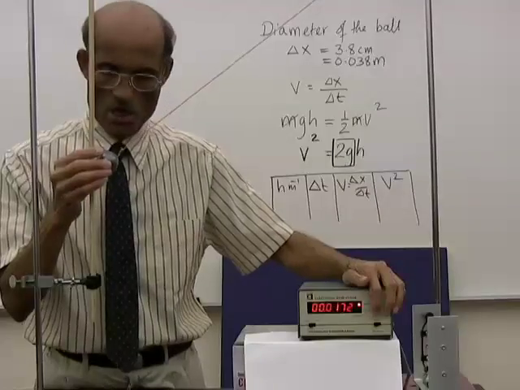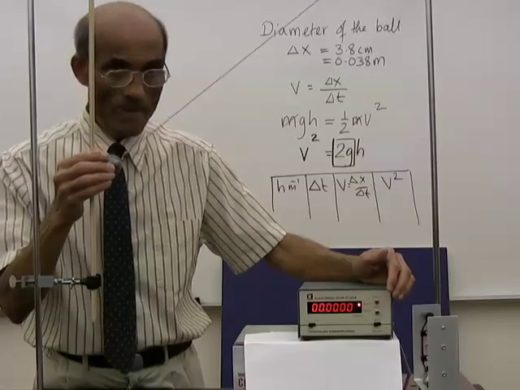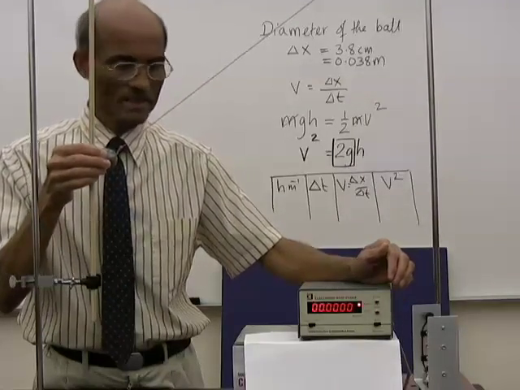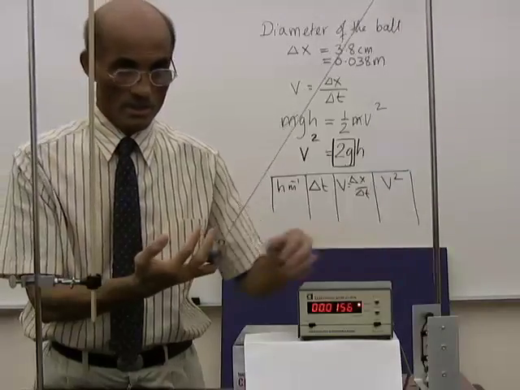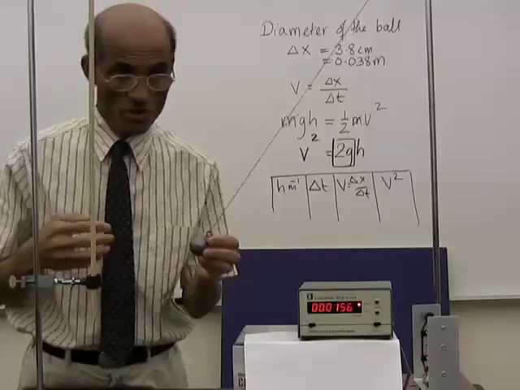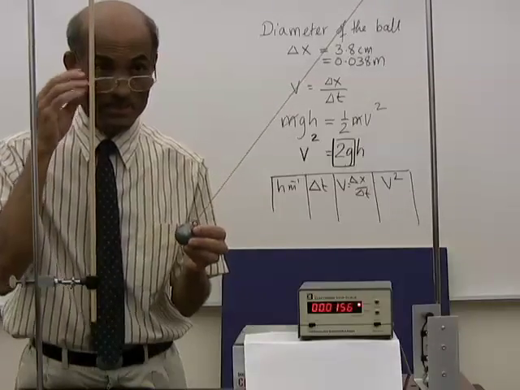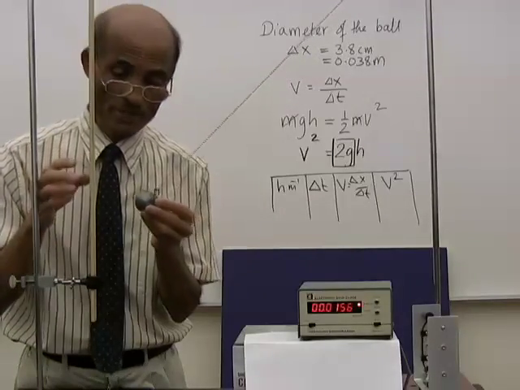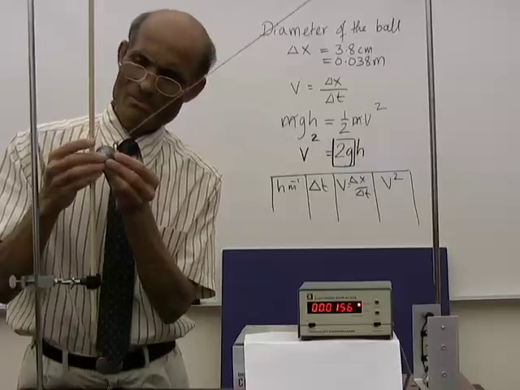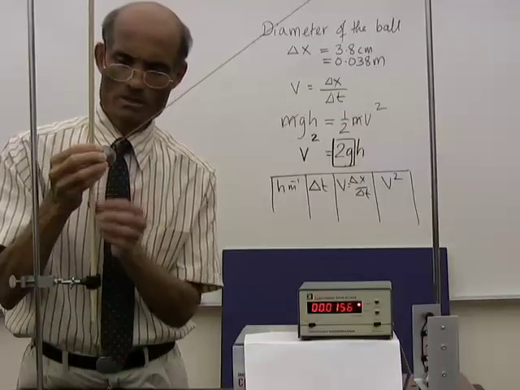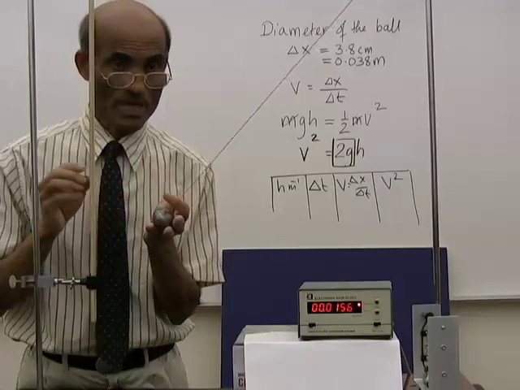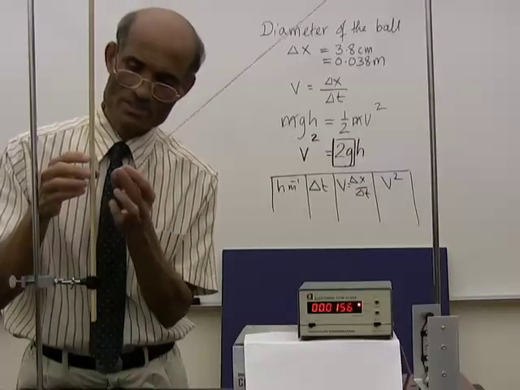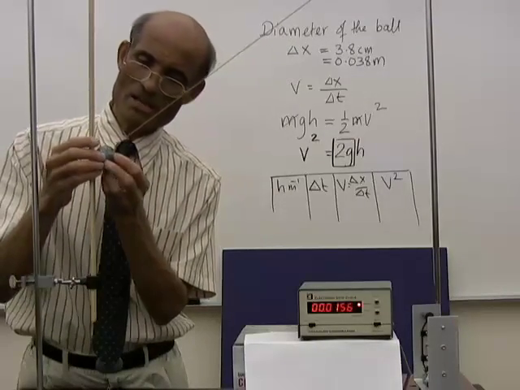Let's reset the clock. All right, let's let it go. There it goes. And the time is 0.0156. All right, keep all the 3 figures. Second trial. Again 0.0156. The third trial.